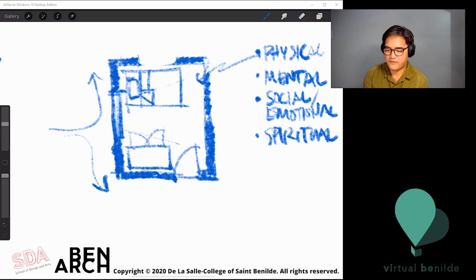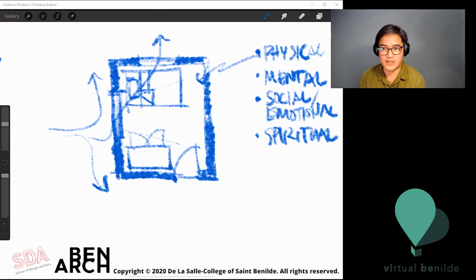In reverse, if there are two windows, it's better because you would have airflow going in and out. You have natural air, which of course is much better than just an air conditioner. Cross ventilation is really better. And light on two sides of the room is much better because you have much more light. It affects the mental, and it would uplift your spiritual.